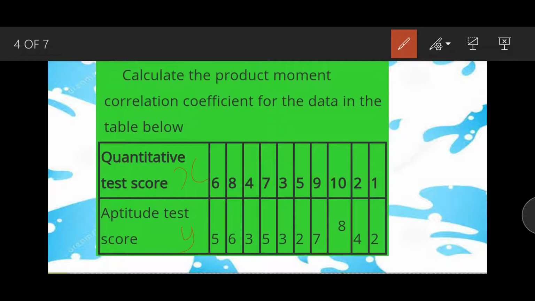Let's prepare a different table in our next slide, and let's see how that helps us to solve this question. Now we're going to prepare a table like this. All the values of x are on the vertical, that's the column. All the values of y for the other variable are also on that table too.